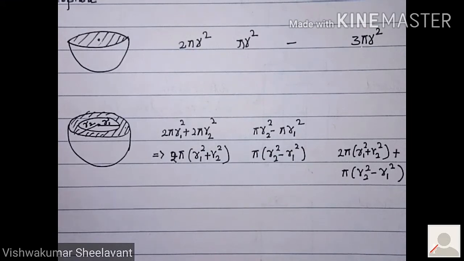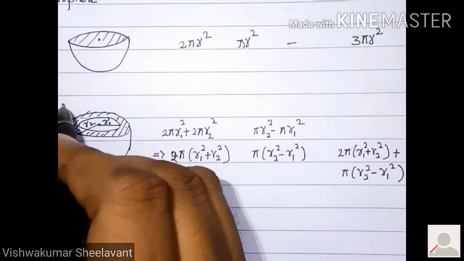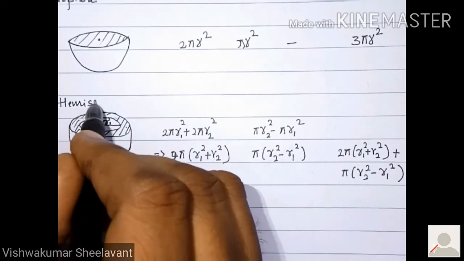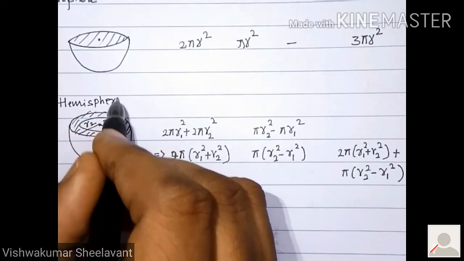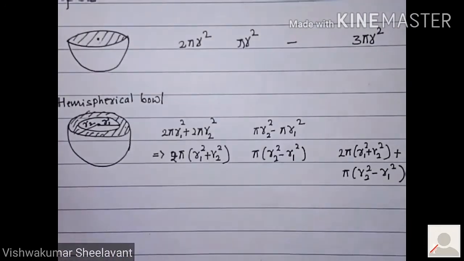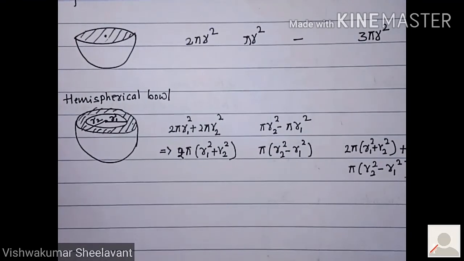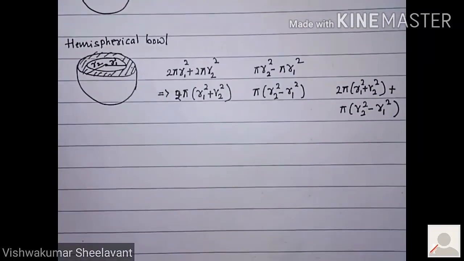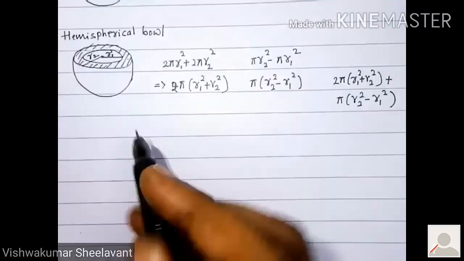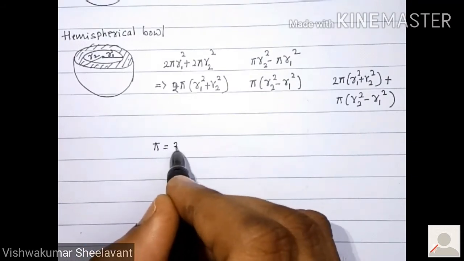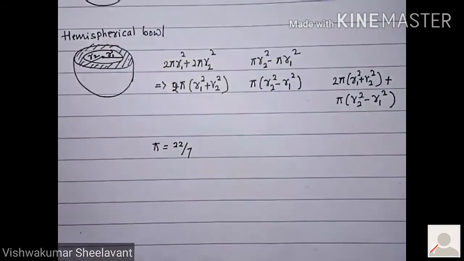So what is this here? This is now hemispherical bowl. In addition to this, what you must know is pi means 22 by 7.